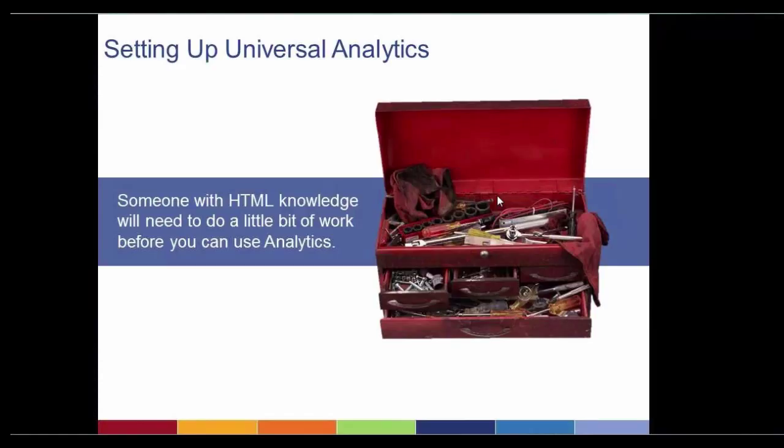Regardless, the setup for Universal Analytics looks to be, as far as we can tell, pretty similar to what it has always been: you'll need somebody with a little bit of HTML knowledge to do potentially a couple hours of work to embed a small piece of code, a snippet that analytics gives you, in every page of your site.